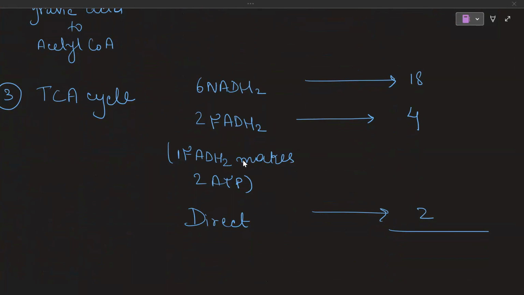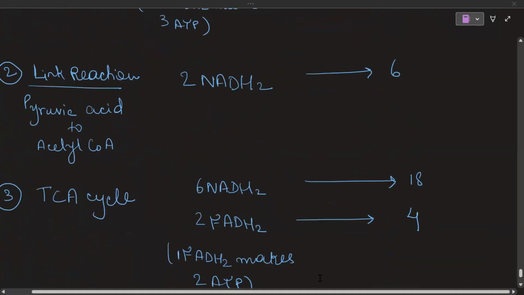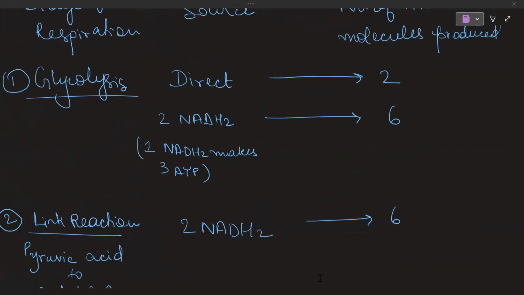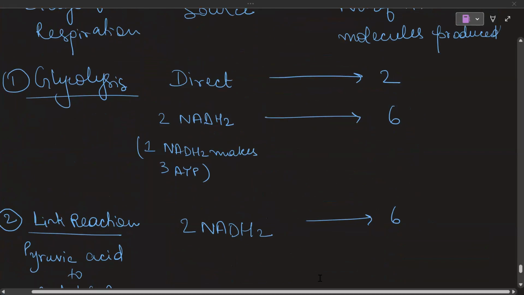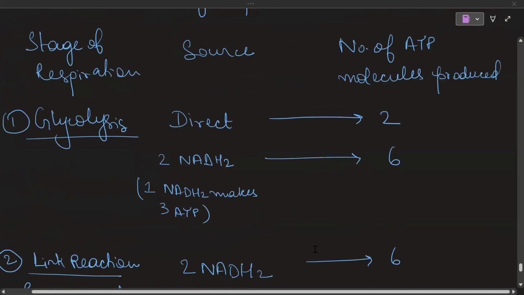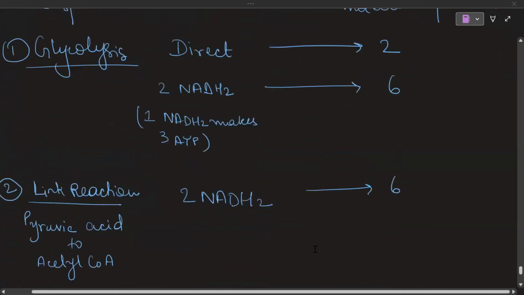How is it coming 30? It can never come 30. It can either come 36. Wait, show me the second one. For the second one, why did I write 18?